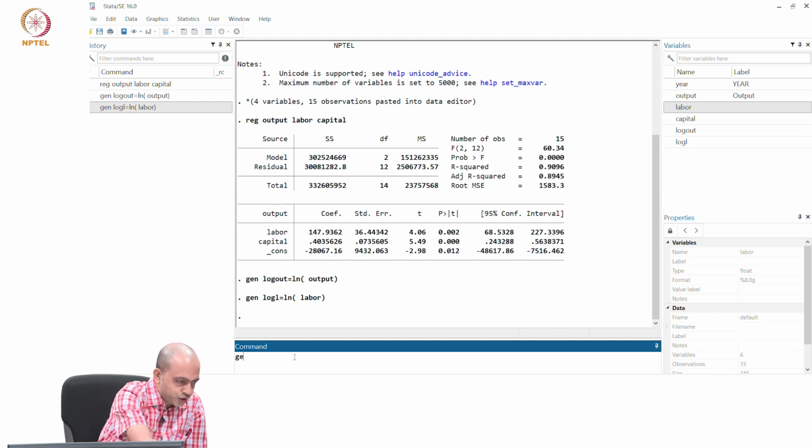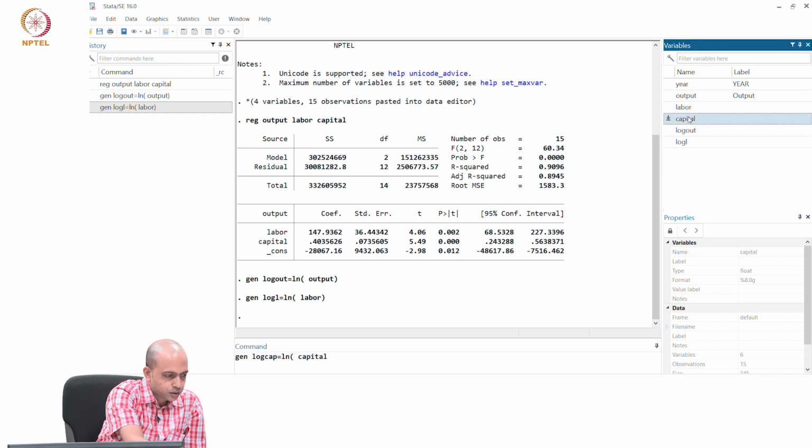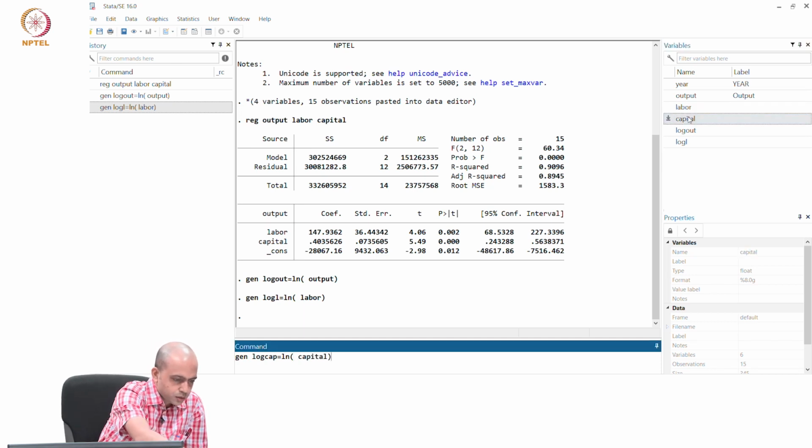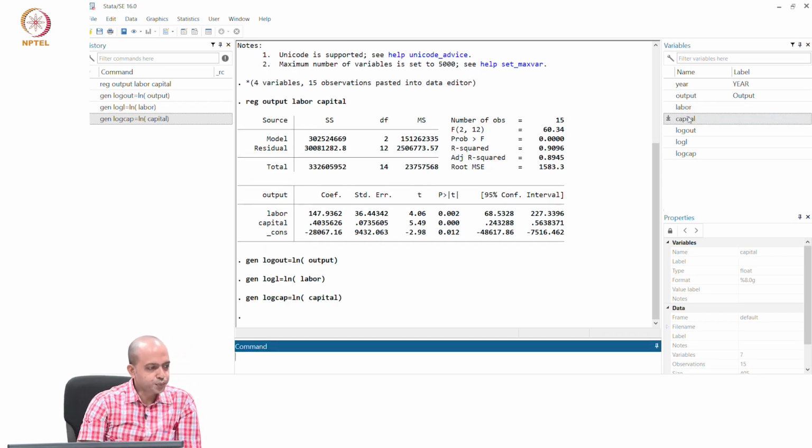After that you put gen log capital, or let us say I will put log cap equals to ln within the bracket capital. Enter.